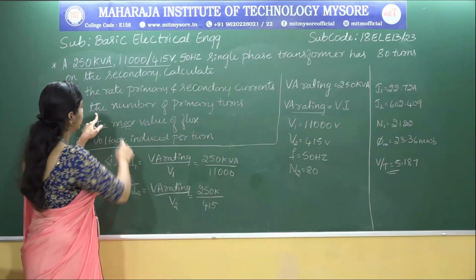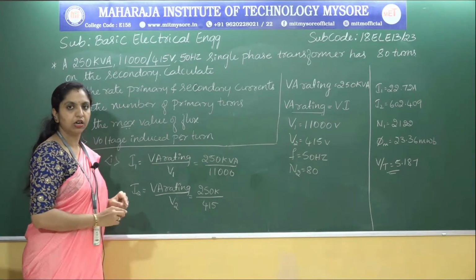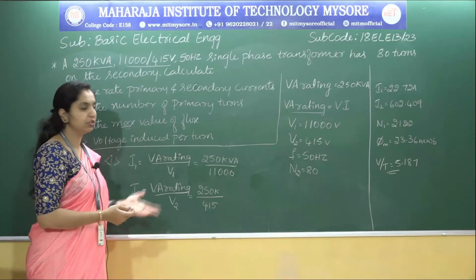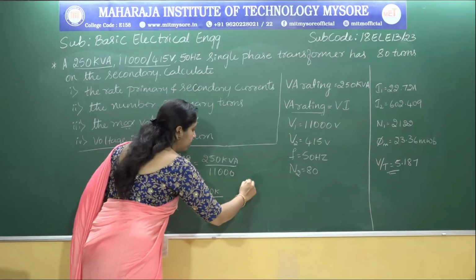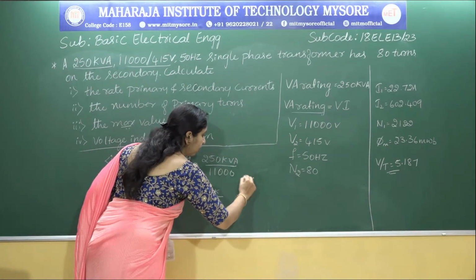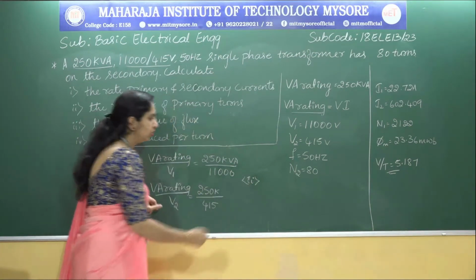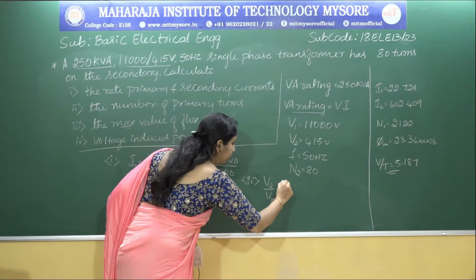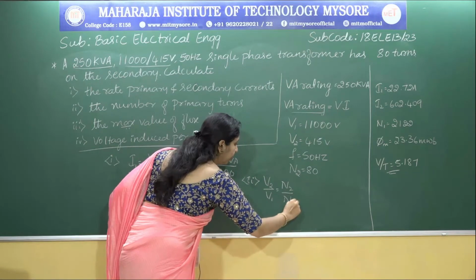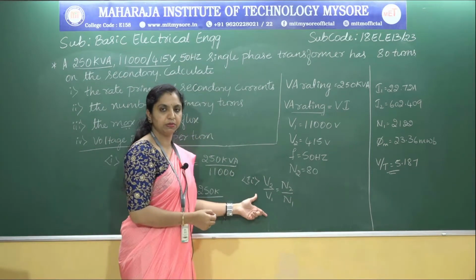And in the next case, the number of primary turns. How can we calculate the number of primary turns? Because they have provided the number of secondary turns. In the second case, we know that V2 divided by V1 is equal to N2 divided by N1. We know this relationship, isn't it?